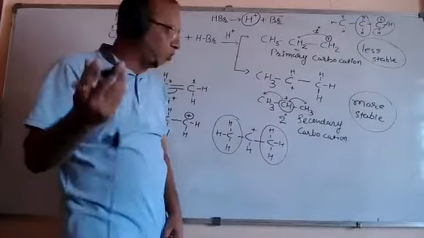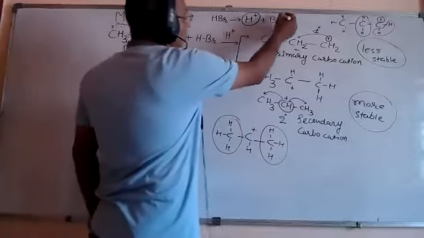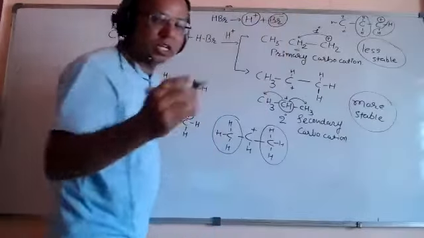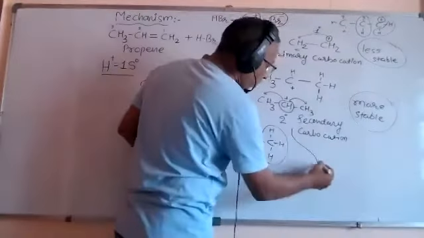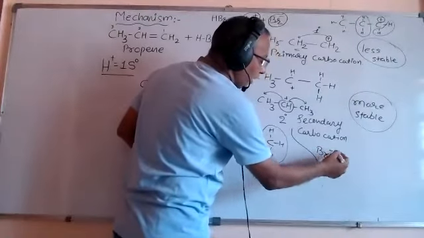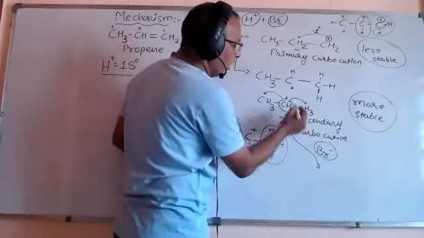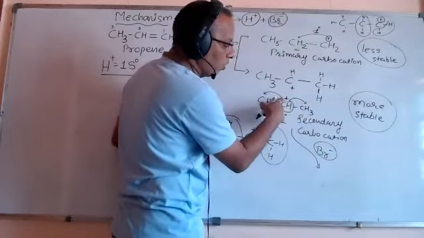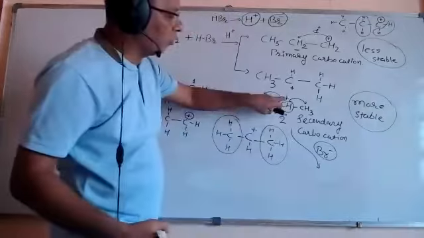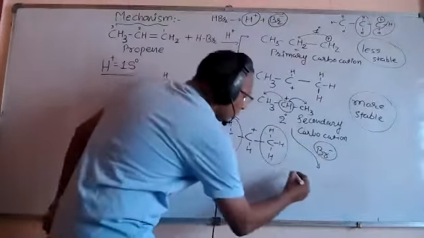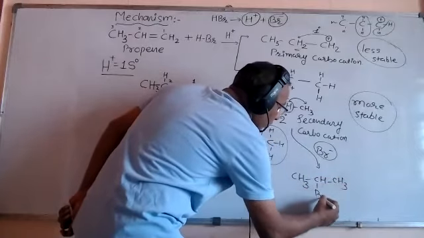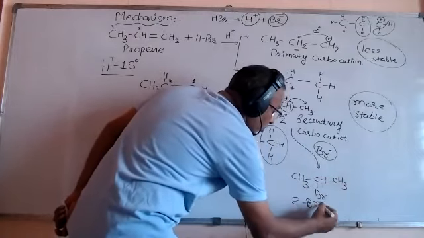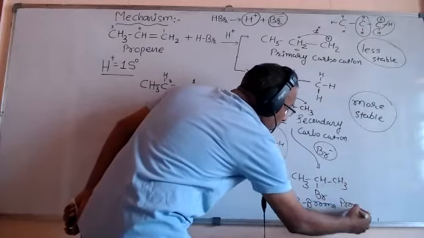After that, friends, what happens? The turn is now for the addition of Br. So, friends, when Br minus attacks this product, it will automatically be attracted towards the second carbon because it is positively charged and this is negatively charged. So, friends, CH3, CH, CH3, Br, this is 2-bromopropane.